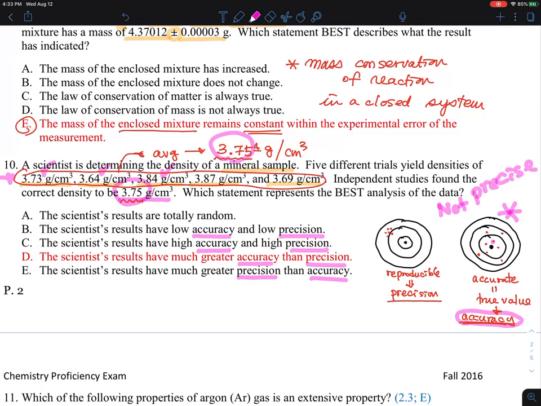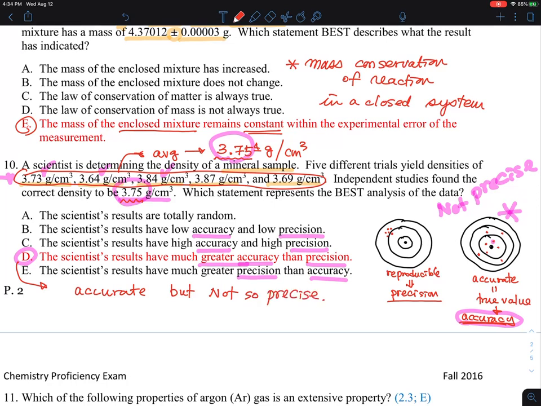So therefore the answer is that it has a greater accuracy than precision. D is the answer. In other words, this measurement is accurate, but not so precise.